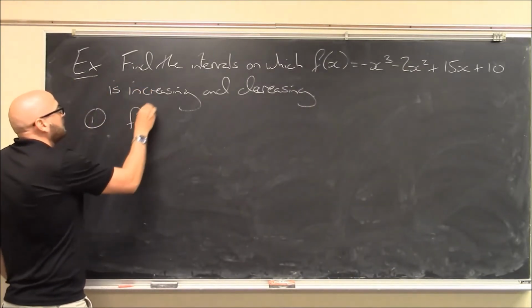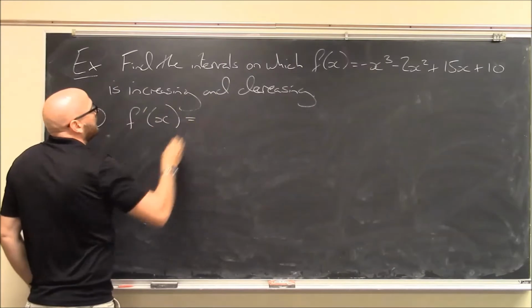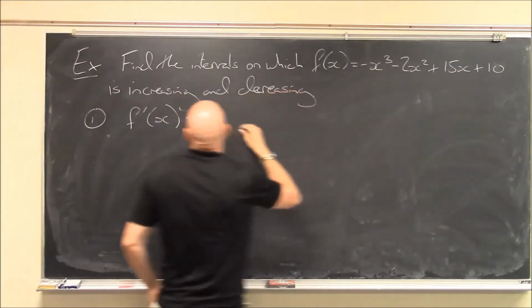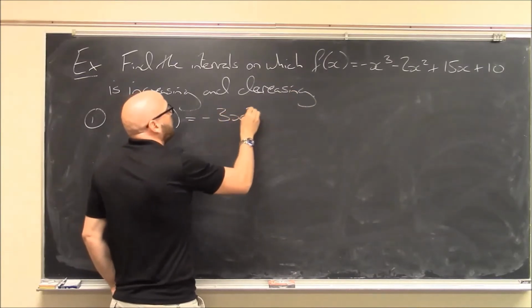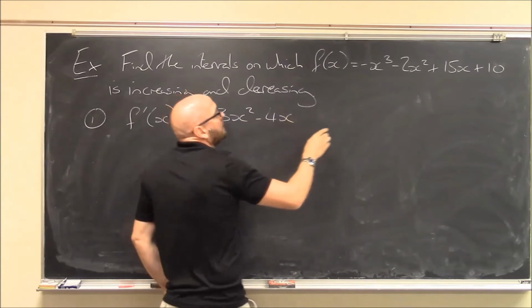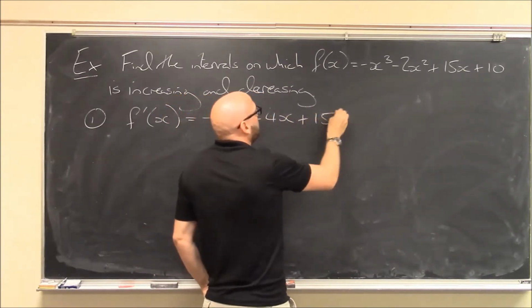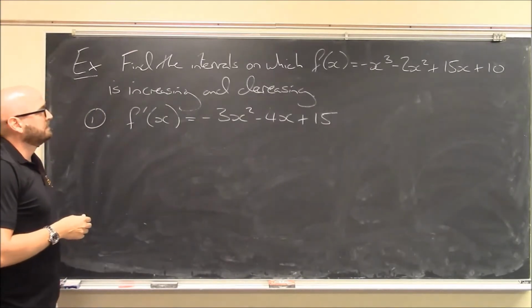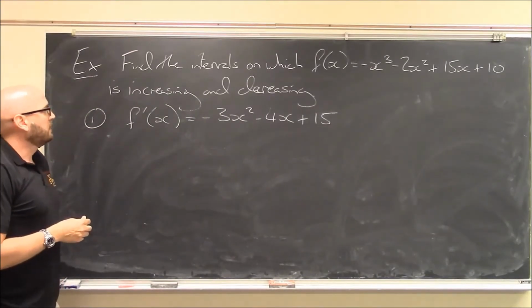Alright, so I take the derivative. I need to know the derivative. So f prime of x is going to be minus 3x squared minus 2 times 2 minus 4 x to the 1 plus 15. Okay, so critical numbers.